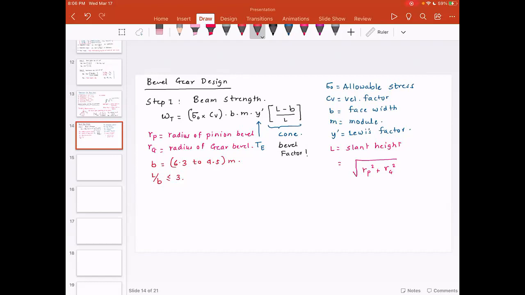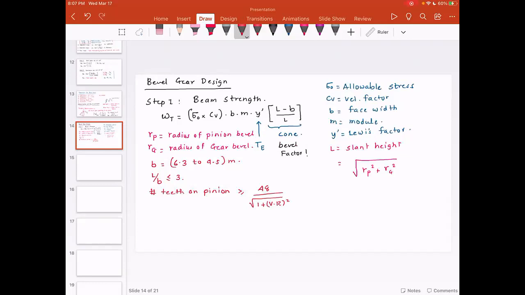And number of teeth on the pinion should not be less than 48 divided by square root of 1 plus velocity ratio square.